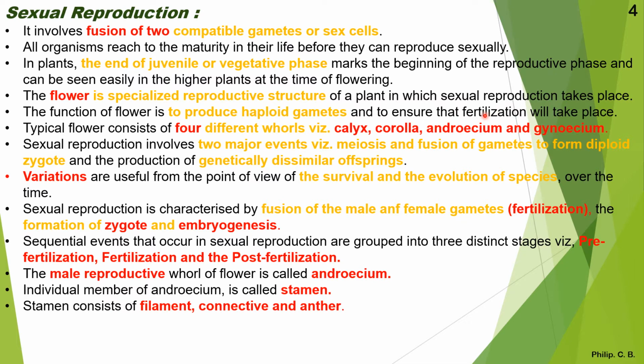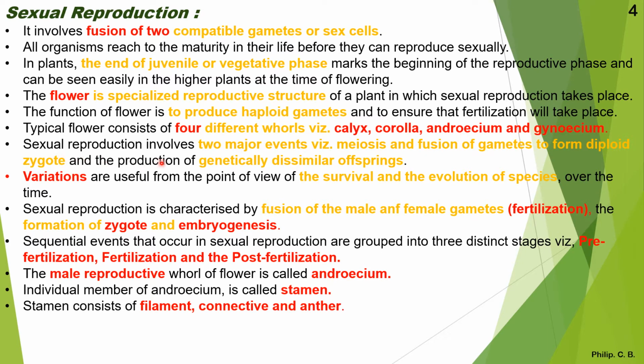So the haploid gametes, the male gamete and the female gamete, when they fertilize form the diploid zygote. A typical flower consists of four different whorls, that is calyx, corolla, androecium and gynoecium. As we know, calyx and corolla are the accessory parts, whereas androecium and gynoecium are the essential parts, right?